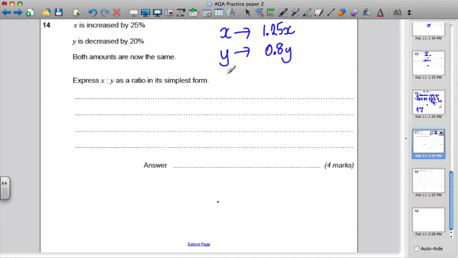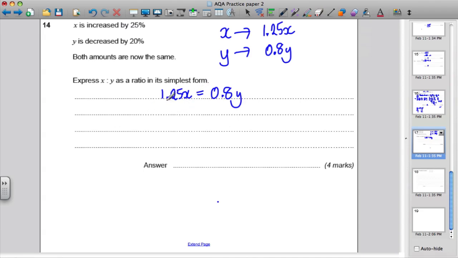The amounts are now the same. You know that 1.25x must equal 0.8y. So trying to remove the decimals here, what could I do to everything here? If I times everything by 4, what would I get?